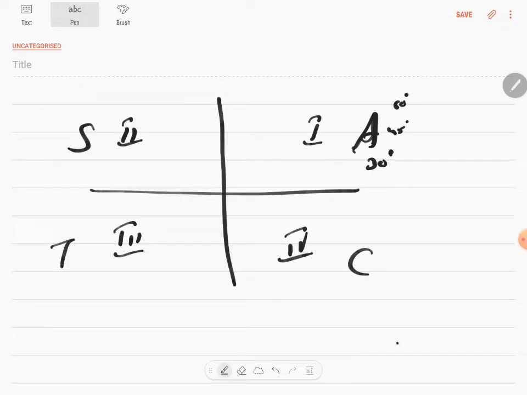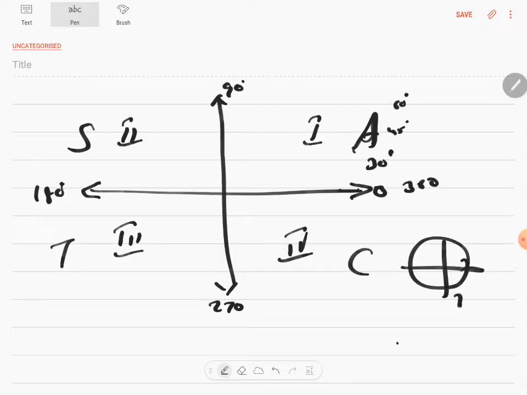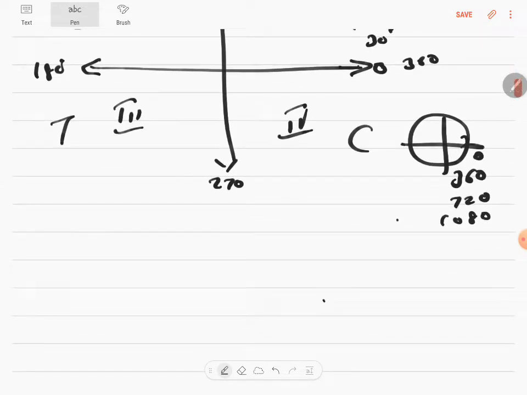Some second quadrant angles. Let's look at what the second quadrant angles are. You should know this is 0 degree, this is 90 degree, this is 180 degree, this is 270 degree and this is 360, and the clock goes on. After one complete revolution, 360 degree will become 720 degree, and then 1080 degree, and then 1440 degree, for the first revolution, second revolution, third revolution, fourth revolution.